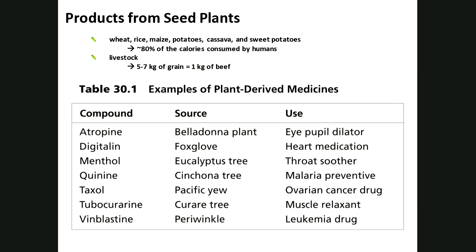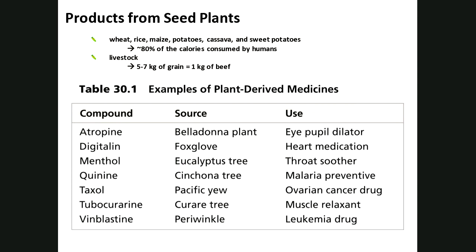Atropine, which we get from the belladonna plant. Digitalin, menthol, quinine, which is a malaria preventative. Taxol, we get from the Pacific yew, which is a conifer. That's been shown to be helpful for ovarian cancer. Curare from the curare tree is a muscle relaxant.